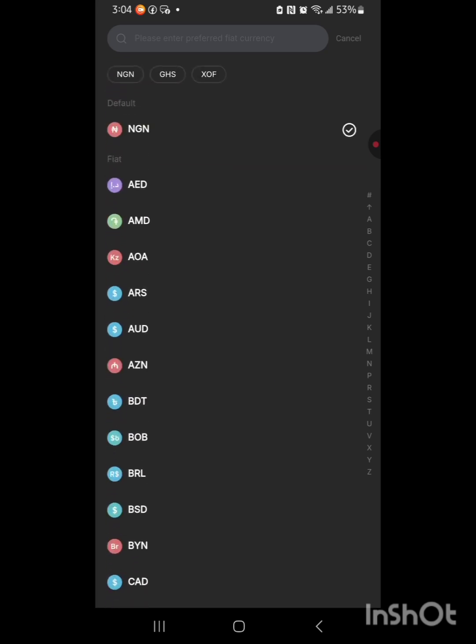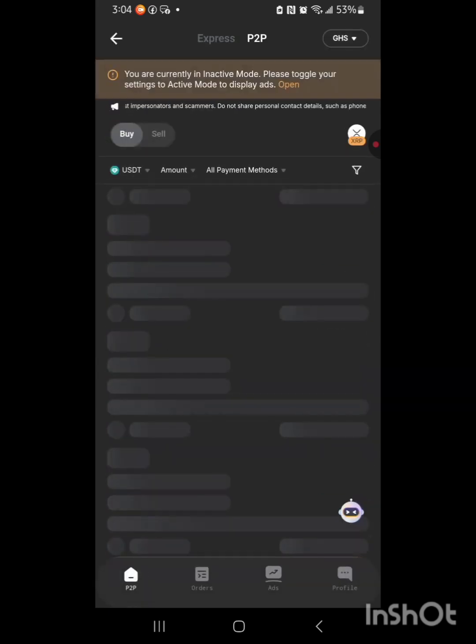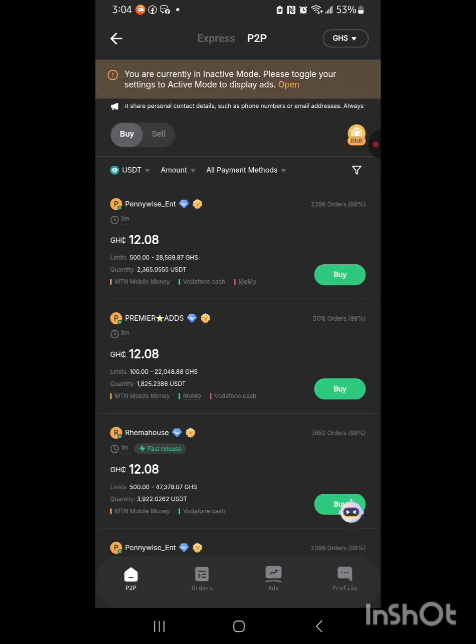In this case, I'm going to do it based on the Ghana cedis and the Nigerian currency, because like I've told you, they are slightly related to each other, so the currency might have little differences. That's the reason we are looking for a way to take advantage of the little differences on the P2P markets of these various countries.